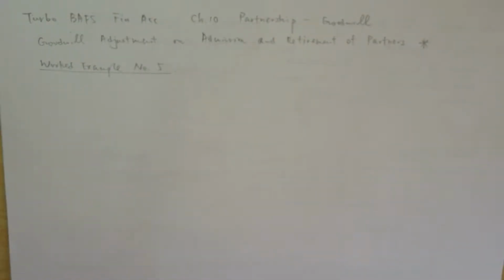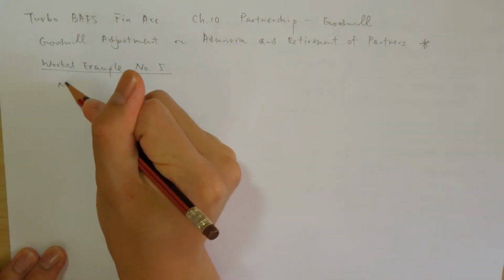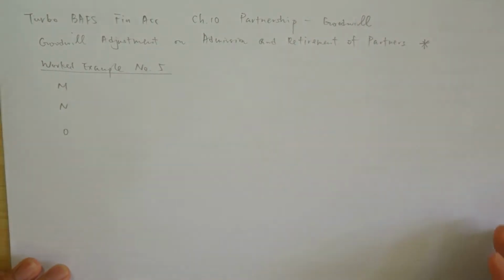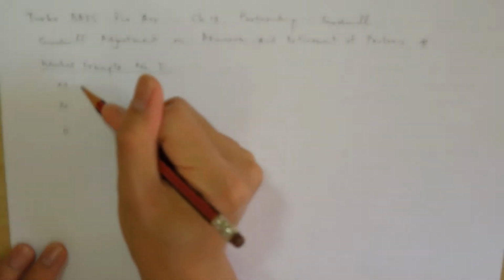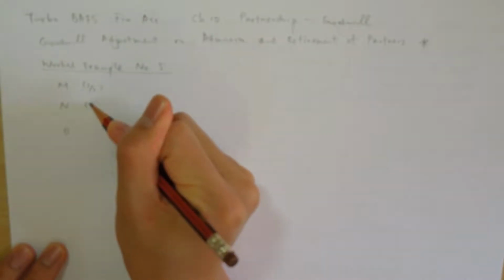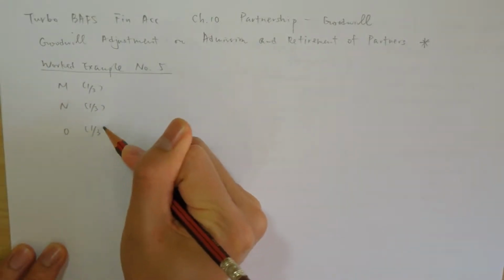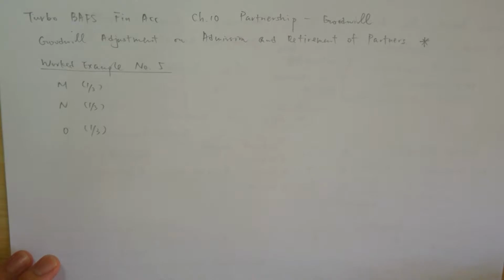For this worked example, originally we have 3 partners, M, N and O, and these 3 persons shared profit and loss equally.